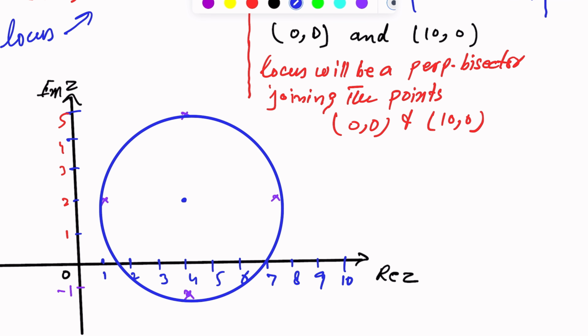This is the line joining the points (0, 0) and (10, 0). And the perpendicular bisector of this line is the line that passes through x equal to 5. This is the perpendicular bisector of this line.